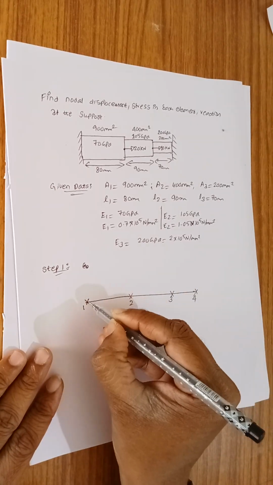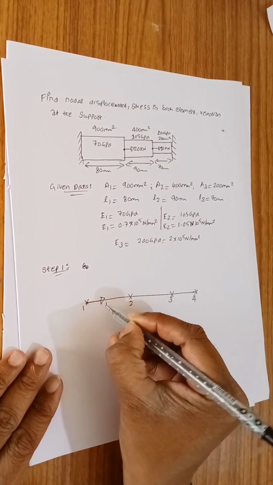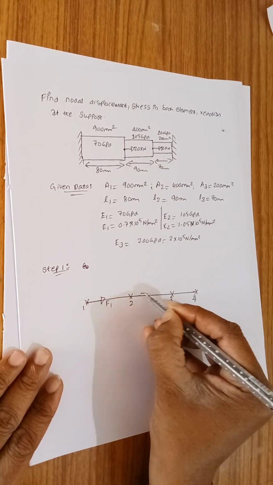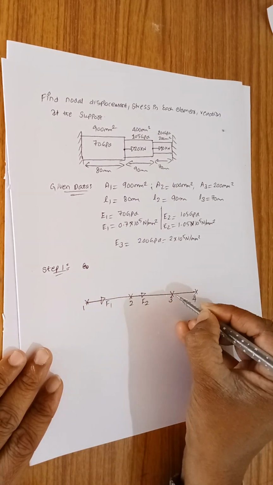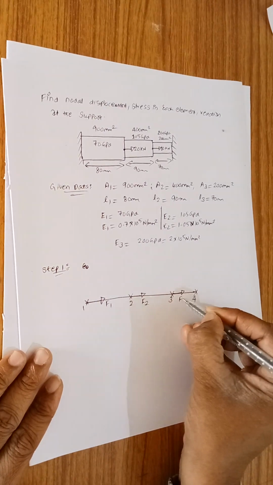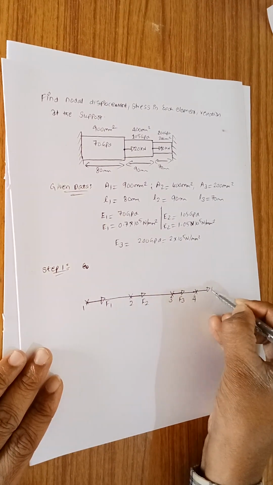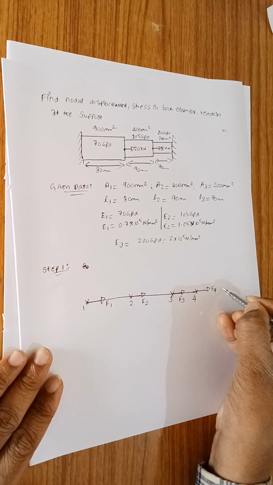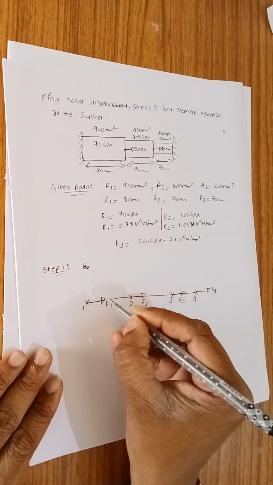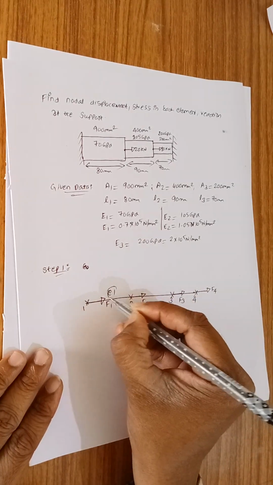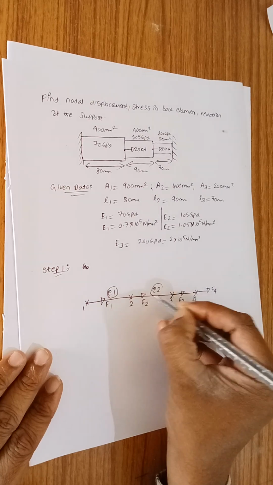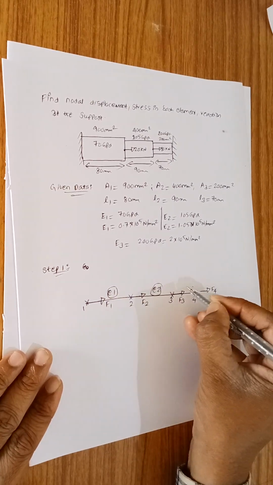Here let me indicate the forces. The force at node 1 is F1, at node 2 is F2, at node 3 is F3, and at node 4 is F4. Similarly, 1 to 2 is element 1, 2 to 3 is element 2, and 3 to 4 is element 3.